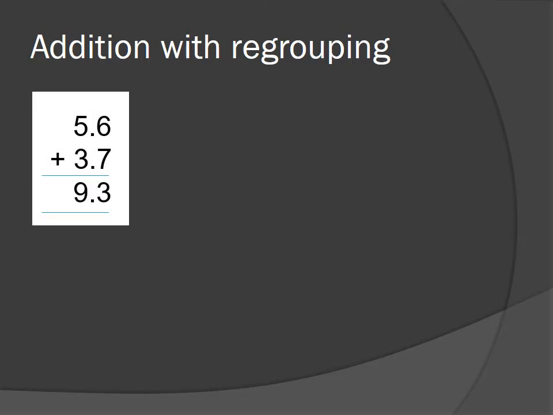Addition with regrouping. First example, 5.6 plus 3.7. You know we have to add the numbers from the right side to the left side. It means you have to add the numbers in the tenths place first. 6 plus 7 is equal to 13. So that 13 is greater than 9, so we can't write 13 in the tenths place.